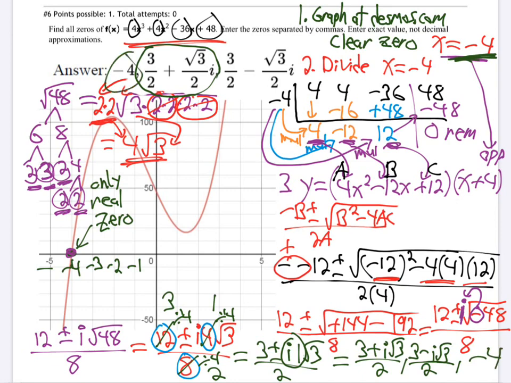There's the negative 4. There's the 3 over 2 minus root 3 over 2I. There's our 3 answers. You can enter it either way. You know, one big fraction, or 2 separate fractions. It doesn't matter. It's all the same. There's our 3 answers. That was a tough one. There we go.